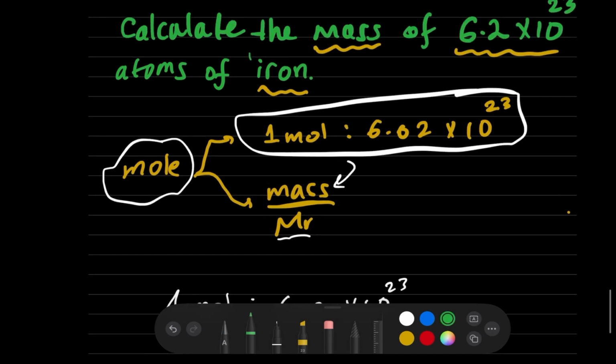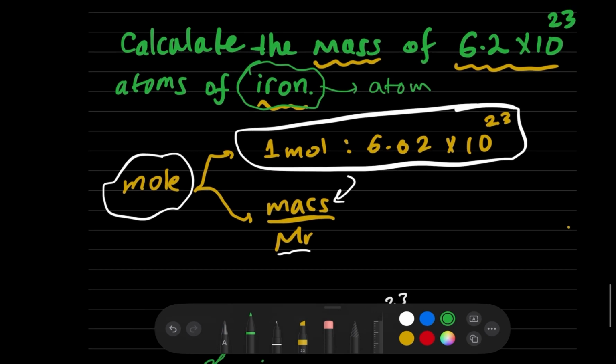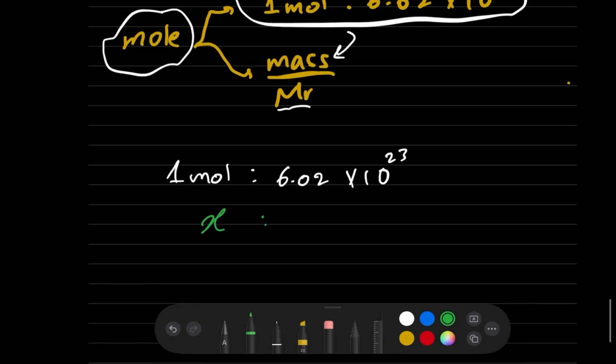Since iron is a metal, and metal appears as atoms, not molecules, we can say that the number of moles is unknown, we put X, but the number of atoms given to us is 6.2 times 10 to the power 23.